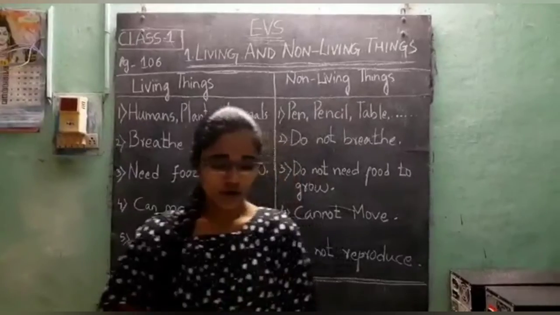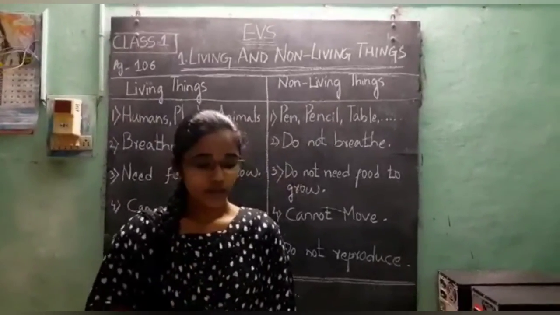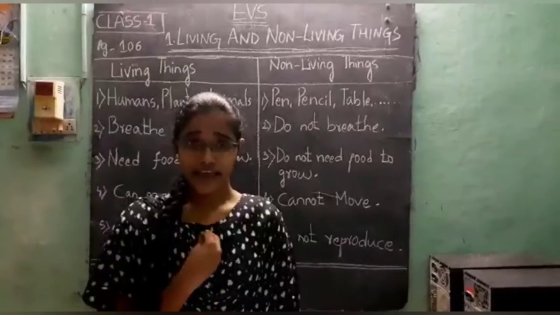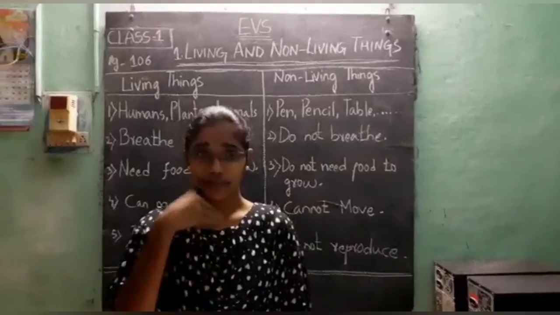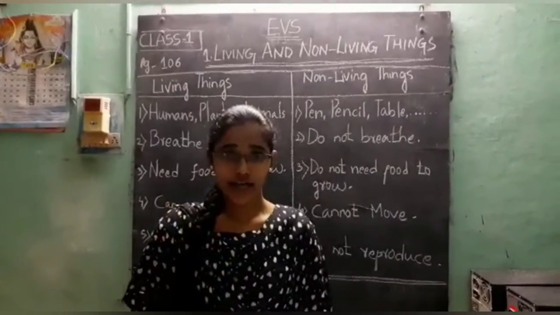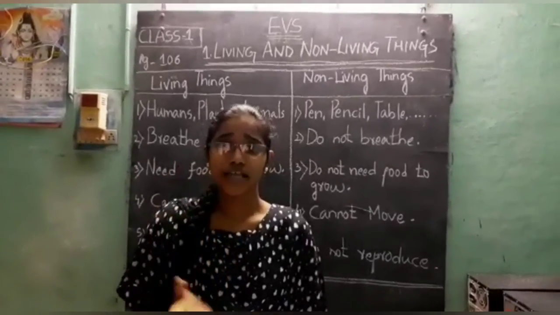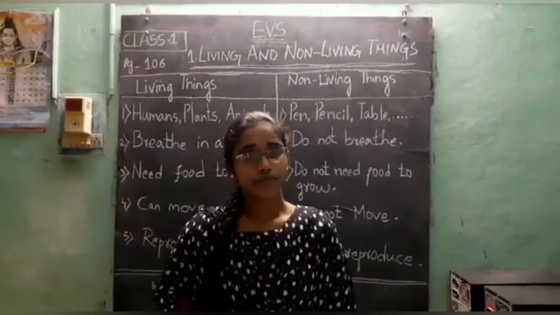So what do the living things do? The living things breathe in air. We breathe air, right? And give out impure air. Impure is nothing but the bad air, which is not pure.